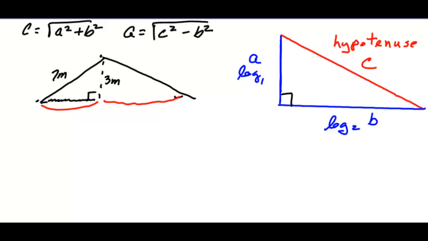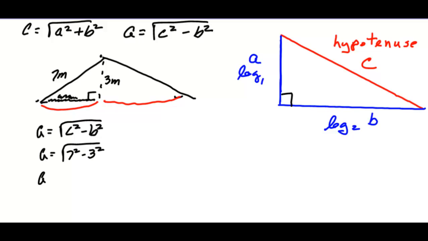So we know now we have to use that formula A equals the square root of c squared minus b squared, because we're trying to figure out this leg that sits right down in here. That's the leg we're looking for. So A equals the square root of 7 squared minus 3 squared.